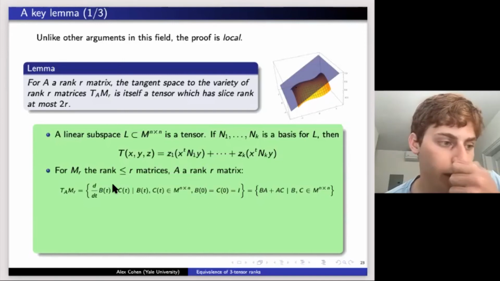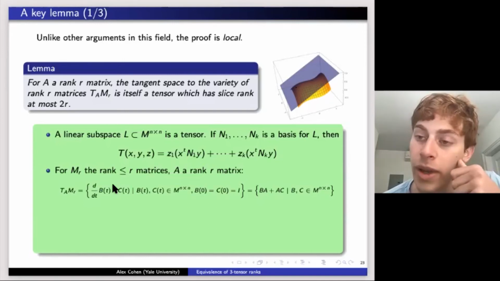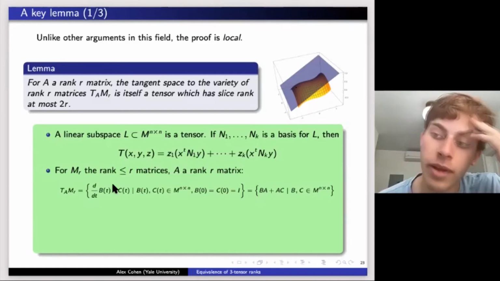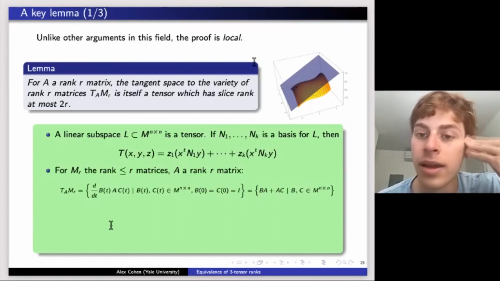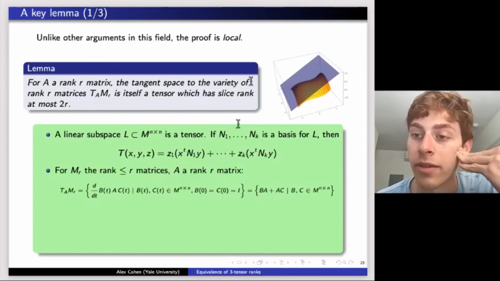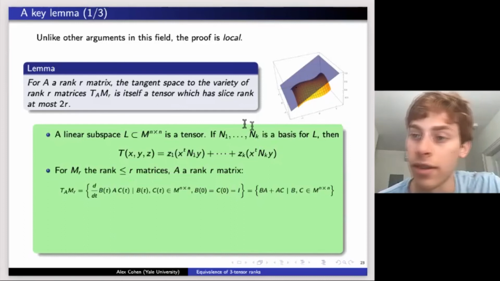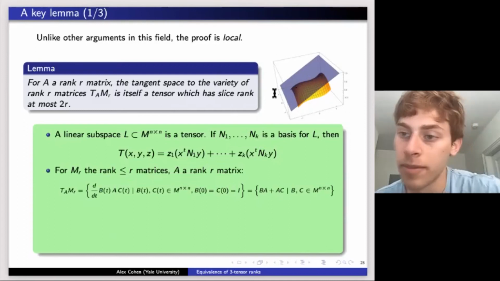This lemma is really where we get our slice rank decompositions from. At the end of the day, what we're going to be doing is finding big linear subspaces that come from tangent spaces to these rank R matrices. So when I was talking about derivatives and tangent spaces and local nature, this is the lemma where that comes in.